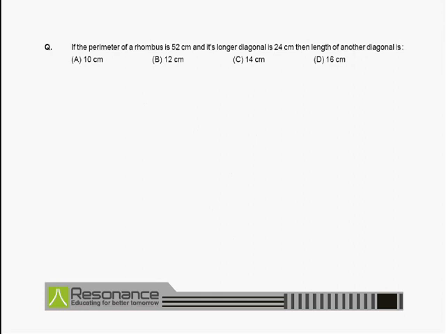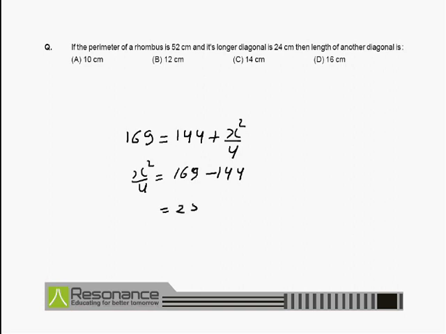So 13 square is 169, which equals 12 square, that is 144, plus X square by 4. So X square by 4 equals 169 minus 144, which is 25.